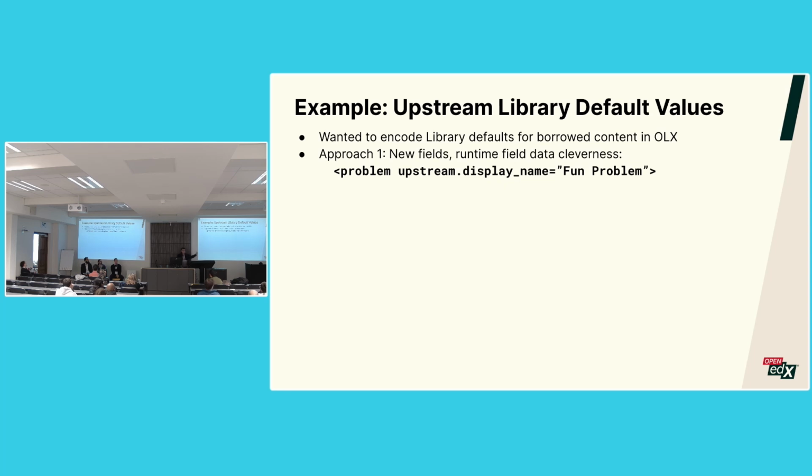The runtime would look for the display name first, and if it didn't find one, it would use the upstream display name, which is the library default. But this would behave differently in older instances. This breaks older instances. If you exported from your new instance to an old one and you didn't override the display name, it would show up as a blank problem, because the old instance doesn't know what upstream means, so it's looking just for a display name.